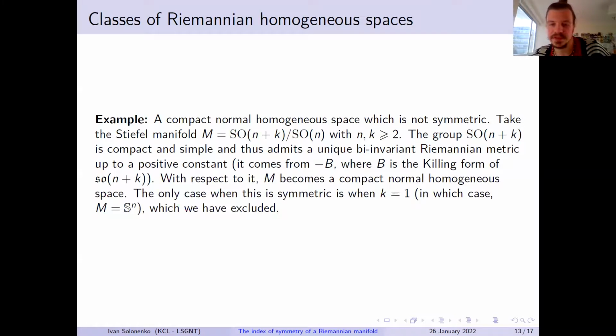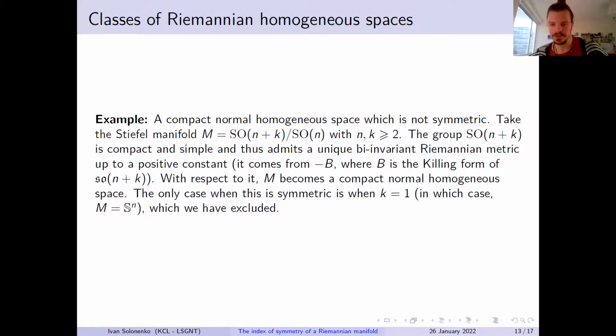The only case when this thing is symmetric is when k equals 1, because then you'll have SO(n+1) over SO(n), and this is just the n-sphere. And we've excluded the case k equals 1. You need to prove that if k is greater than 1, then this thing cannot be represented in some other way as a symmetric space. This is some labor, but it is a fact that this thing is not symmetric if k is 2 or larger.